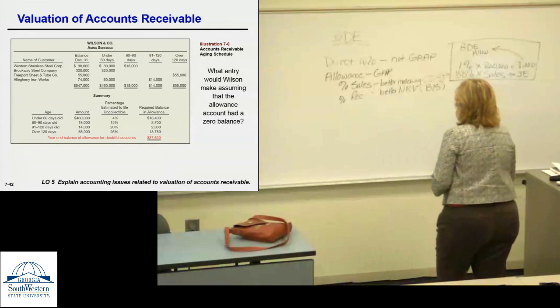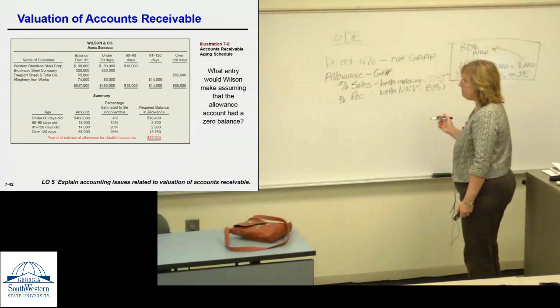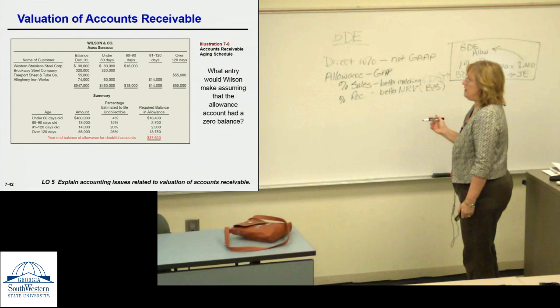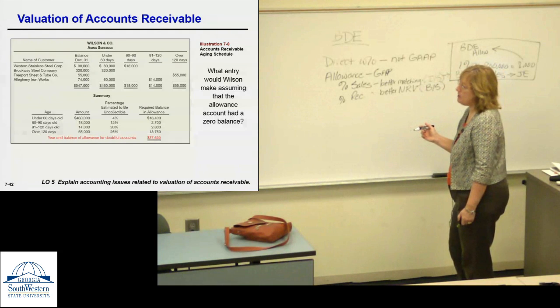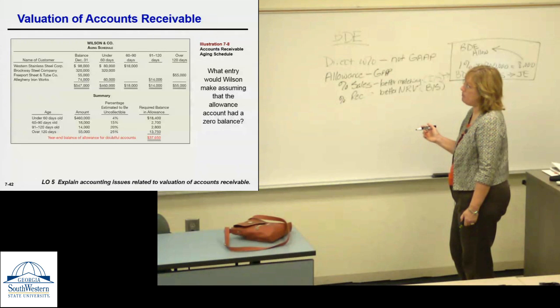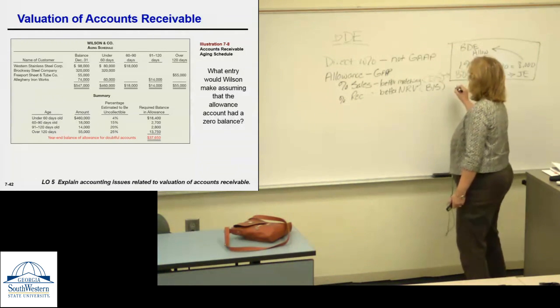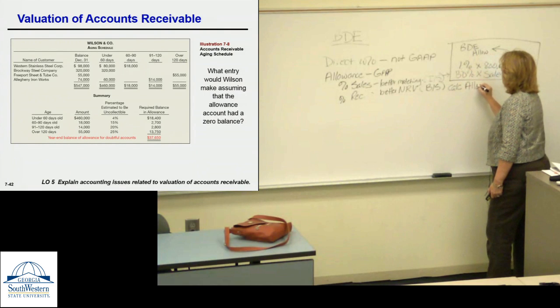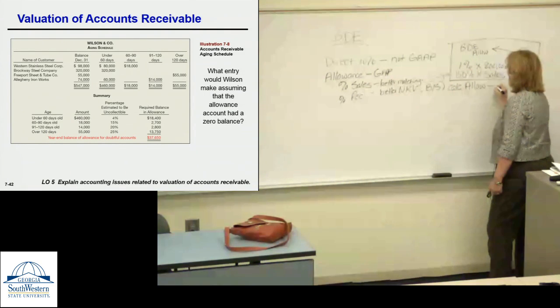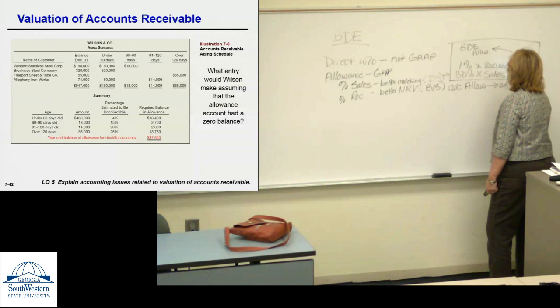And so what these guys do is work out these percentages of receivables. So we calculate the allowance, and then we adjust to that number.